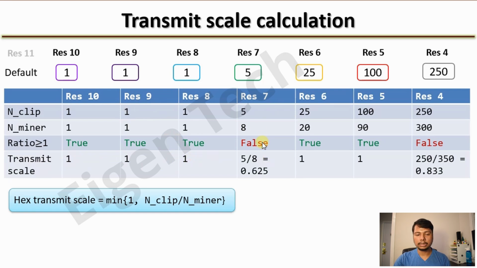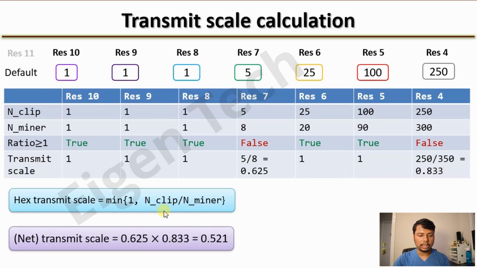But when it's false, you have to take the ratio. In this case, 5 divided by 8, which is 0.625, and here 250 divided by 300, which is 0.833. Then to compute the total transmit scale, you just multiply all these numbers together. Since 1 doesn't matter, we just multiply 0.625 with 0.833, and that gives you 0.521. That would be the reward scale of this particular miner with this configuration.